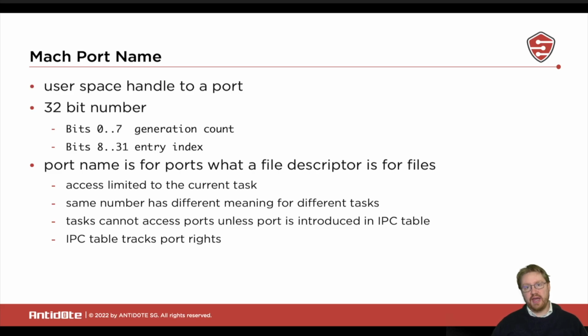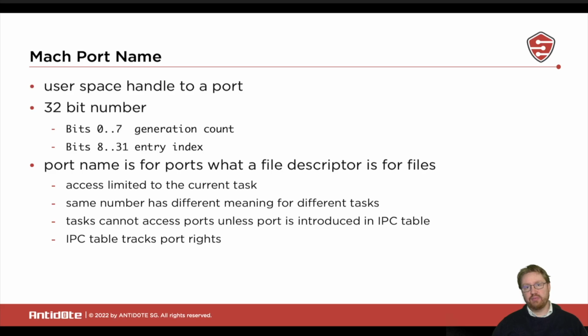Nobody else has the same index in their table, so this index only has a meaning for us. It also makes clear that a task can only access a certain port if it has an entry in the IPC table that points to that specific port. The IPC table also tracks what kind of rights we have towards these ports.